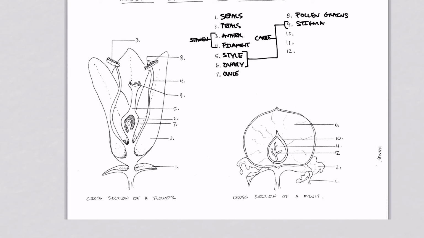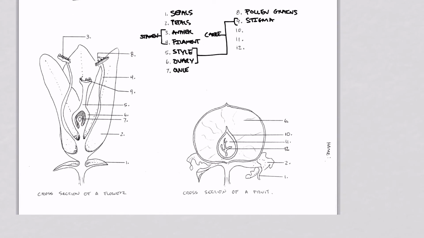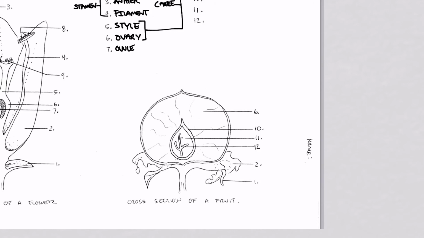Now the flower, once it's fertilized, and we're going to talk about the mechanism of fertilization tomorrow in class, the pollen essentially drops off what are going to be sperm, which are then going to go on and fertilize the egg, which is located within the ovule. And it's going to develop into a fruit. So if we look here, we'll see that some sections that we've already labeled are already in the plant.